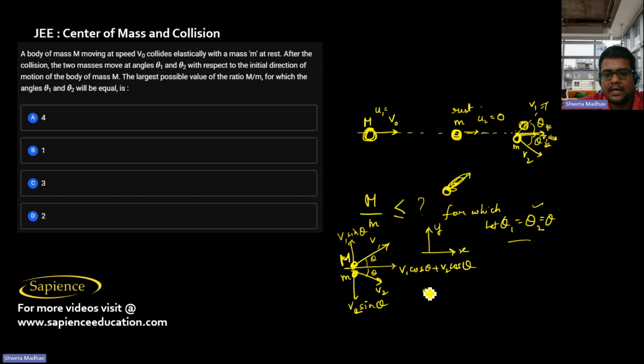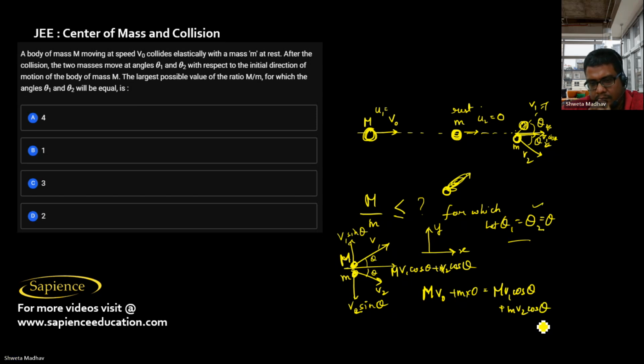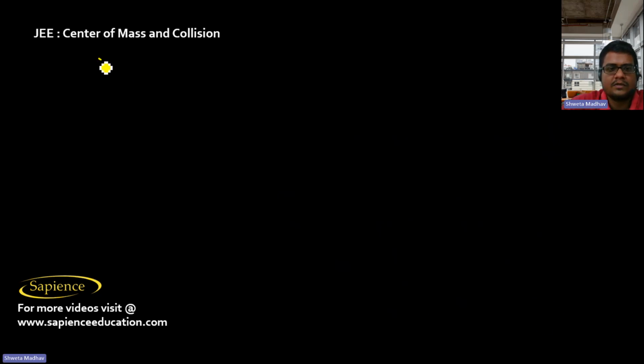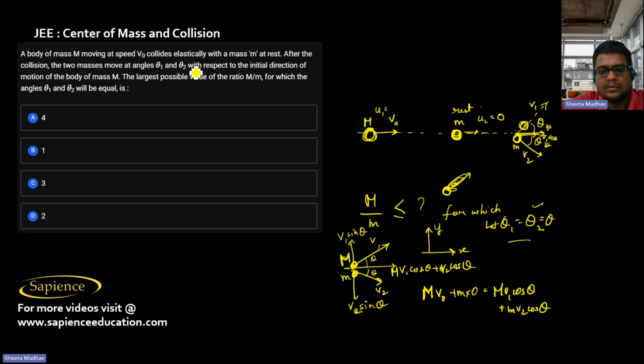So we can say M into v naught plus m into 0 will be equal to, where v1 is the velocity of mass capital M and v2 is the velocity of mass small m, M v1 cos theta plus m v2 cos theta. Therefore M v naught is equal to cos theta into (M v1 plus m v2).